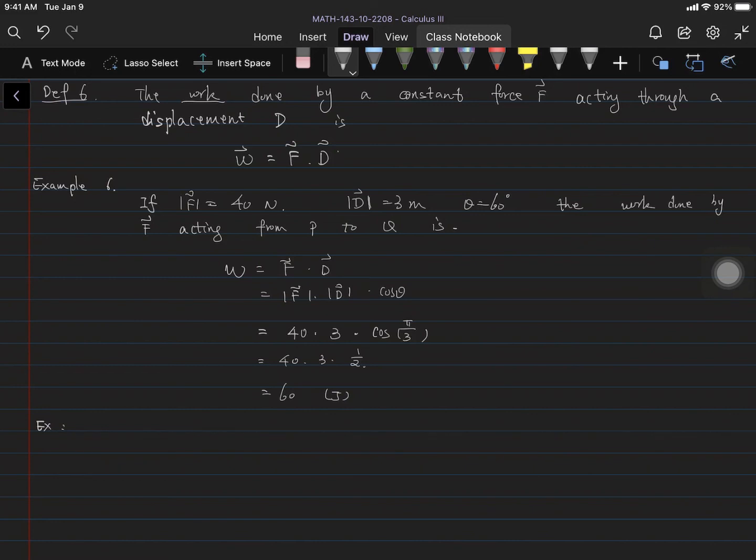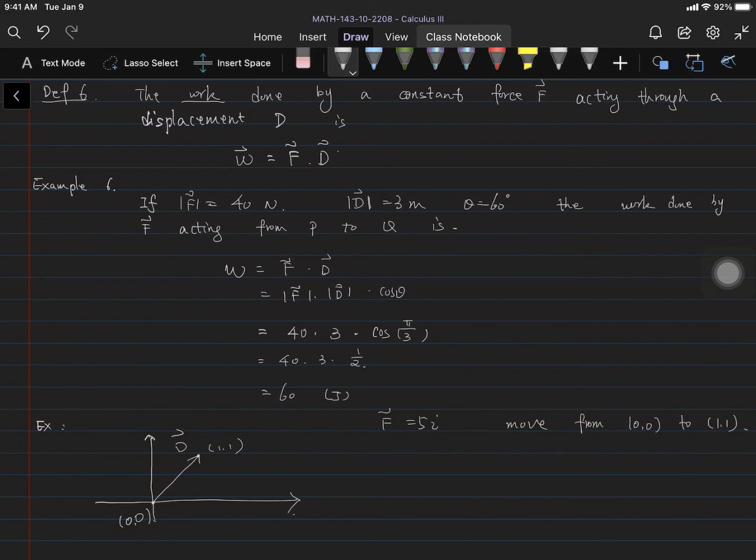Now we can take a look at the exercise problem. Actually, this is kind of a homework problem. Here we know our F is 5i. The graph is not given, so here I just give you the graph, and move the object from 0, 0 to 1, 1. So this is our displacement, right?